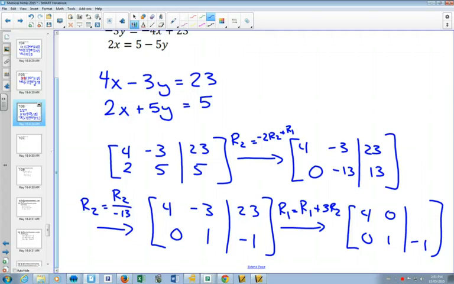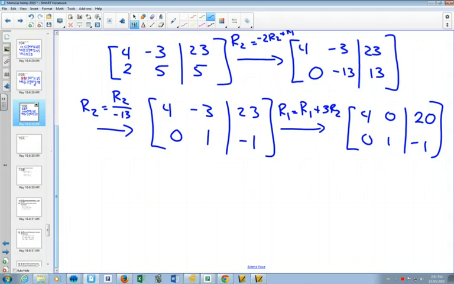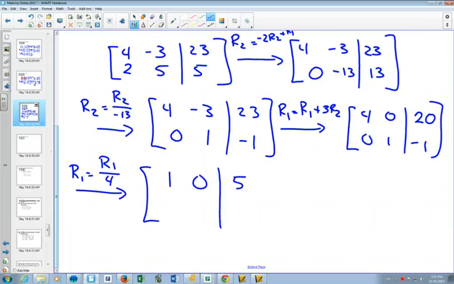And that will give me 20 there. Row 1 divided by 4. So x is equal to 5. And y is equal to negative 1.